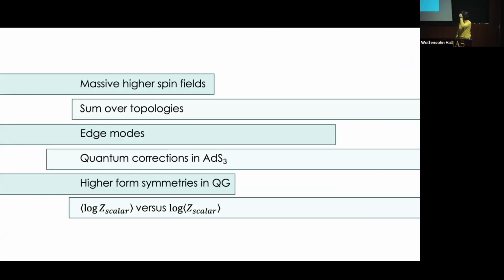So some future directions, some things that we're thinking about. I did talk today only about scalar fields. This basically meant that the Casimirs of the 2 representations of SU(2) were equal. Massive higher spin fields will be a nice generalization to make sure that the proposal is robust. There's also an interesting discussion here about a sum over topologies. So even in the case of dS3, you also have other backgrounds that contribute to the path integral.